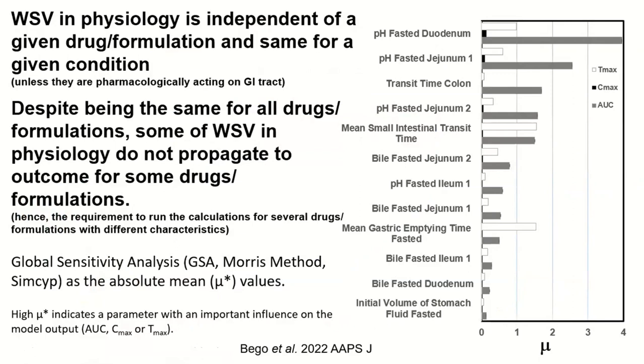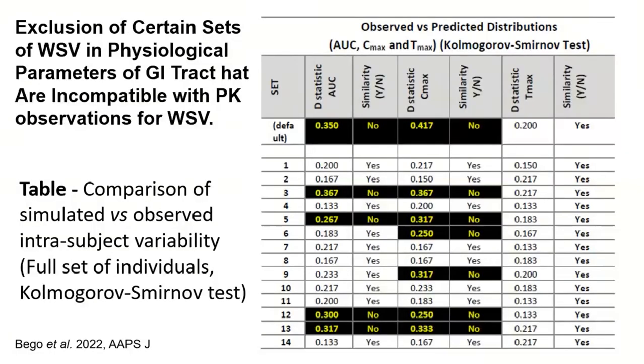But we have shown how these may impact the extraction of within subject variability that explains our observations. And this is like many other fittings that we used to do for the concentration time profile. It basically says that the model is not identifiable, but to make it identifiable, we need sets of different drugs and different formulations to capture those.